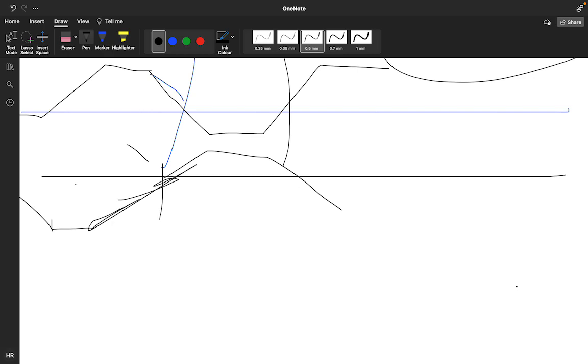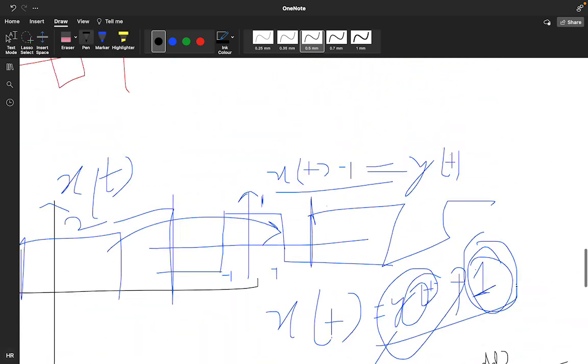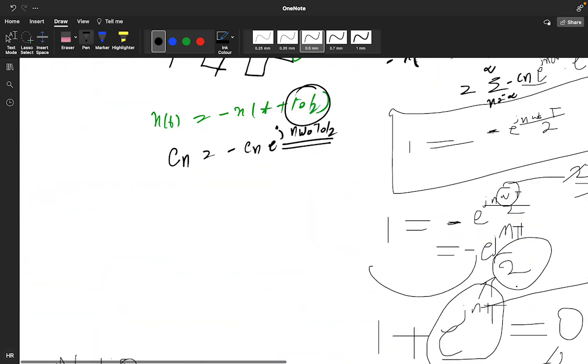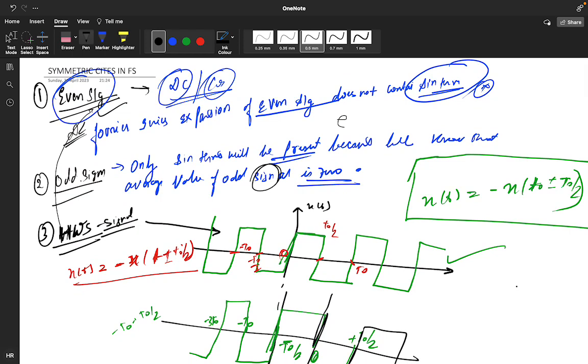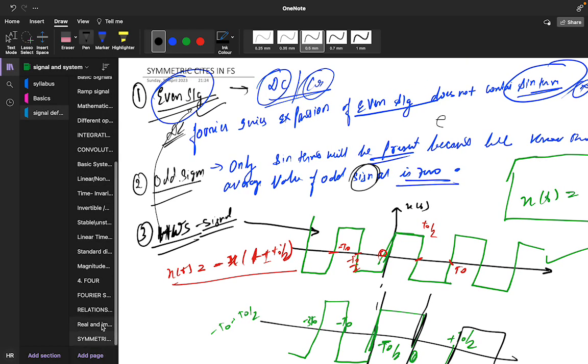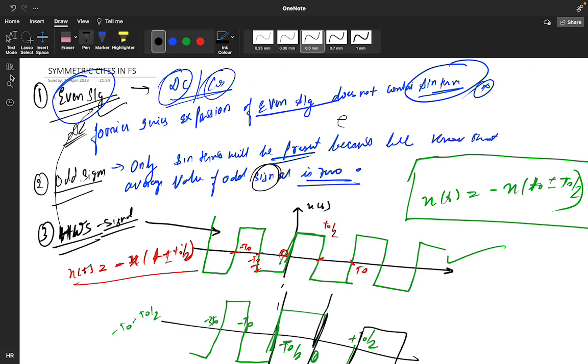Okay, so just go through these things: half wave symmetry, odd signals, even signals, the symmetricities in the Fourier series. Just revise these things once, real signals, imaginary signals, and I will share the workbook problems. You need to solve these. All the concepts are ready up to chapter 4.